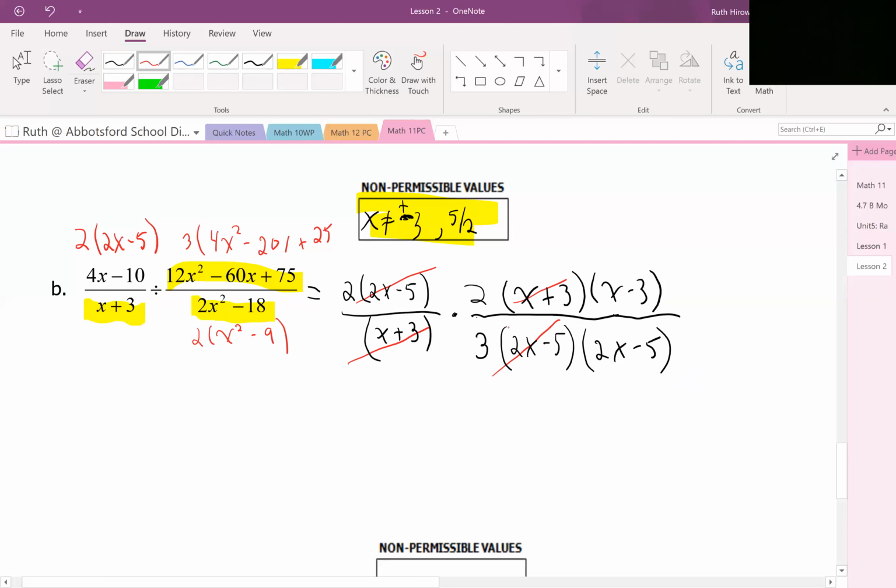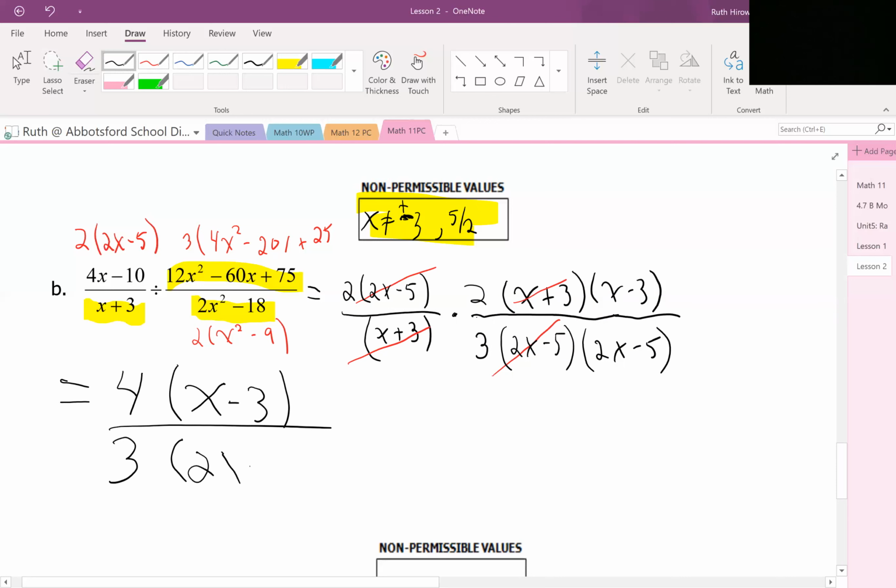And it looks like I've got everything canceled. So this then is coefficient 2 times 2, 4. What's left on the top? A factor of x minus 3. What's left in the denominator? 3 and the other factor, 2x minus 5. All right, so there's our final answer.